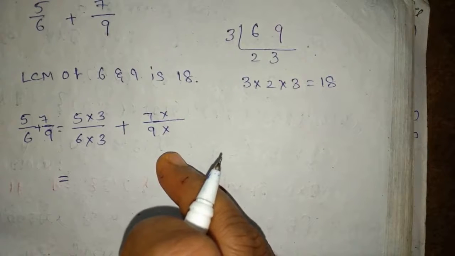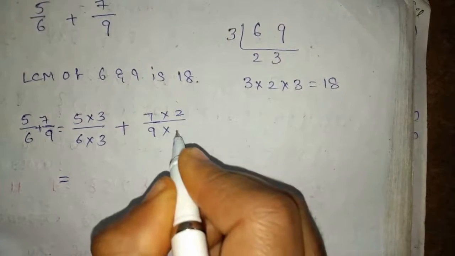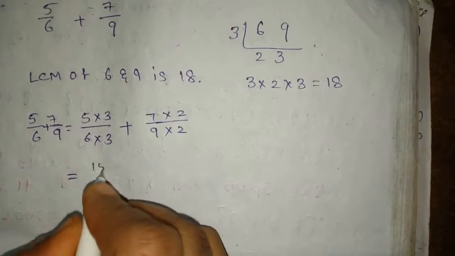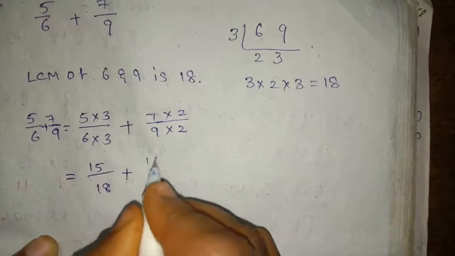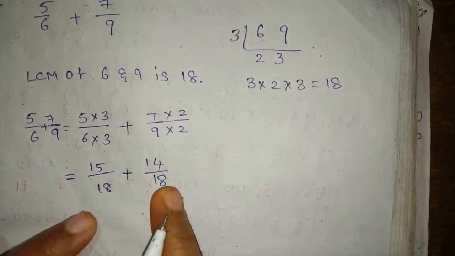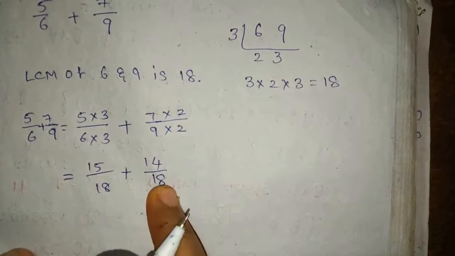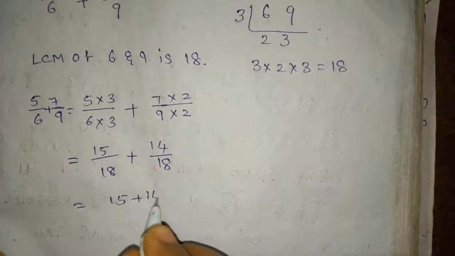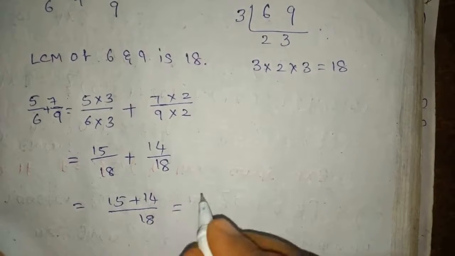So we multiply both numerator and denominator by 2, 7 into 2 by 9 into 2. We get 5 into 3 is 15, 6 into 3 is 18, plus 7 into 2 is 14, 9 into 2 is 18. Here the denominators are equal, so we can simply add the numerators keeping the same denominator. That is 15 plus 14 by 18.